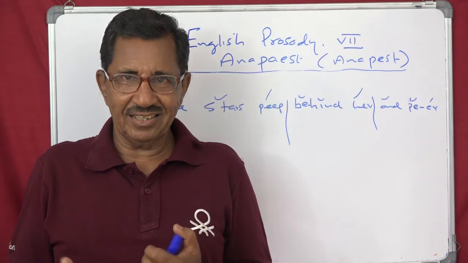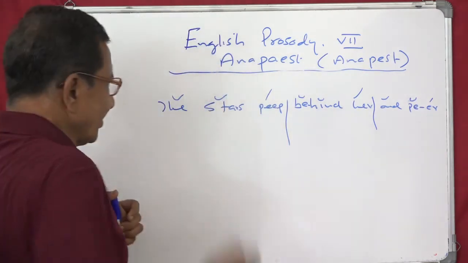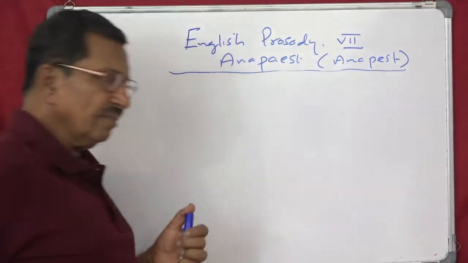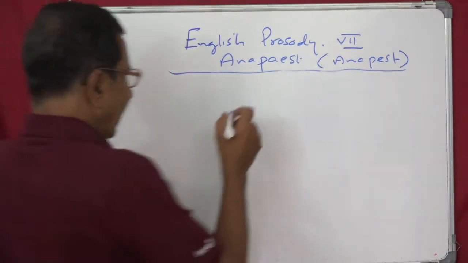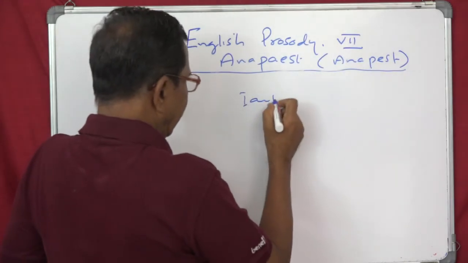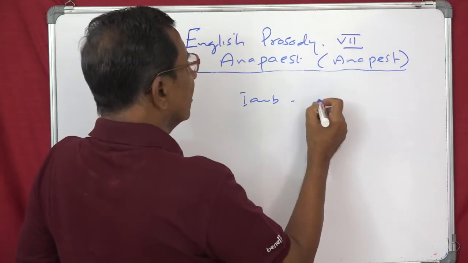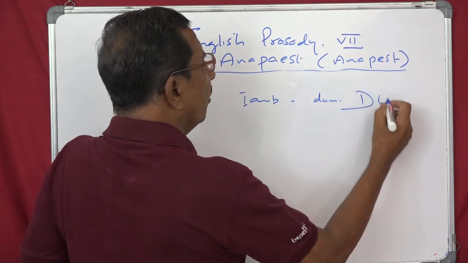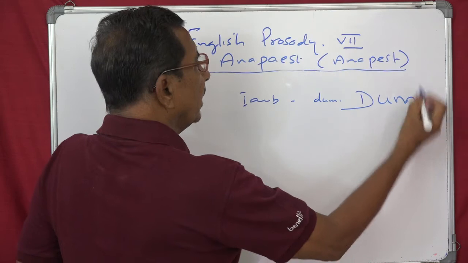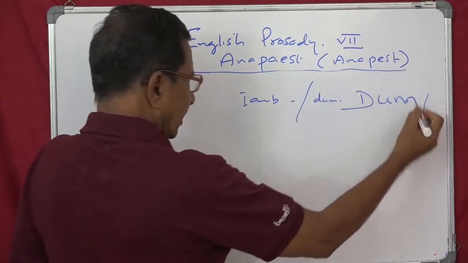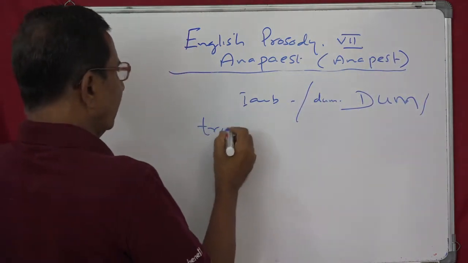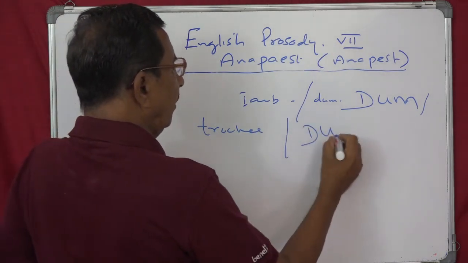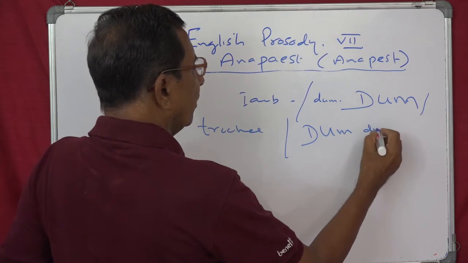Then I write it on the board so it becomes easy. The iamb will be like this. Dum. This will be the iamb. Understand? Then the trochee will be, for you to practice, dum, dum.